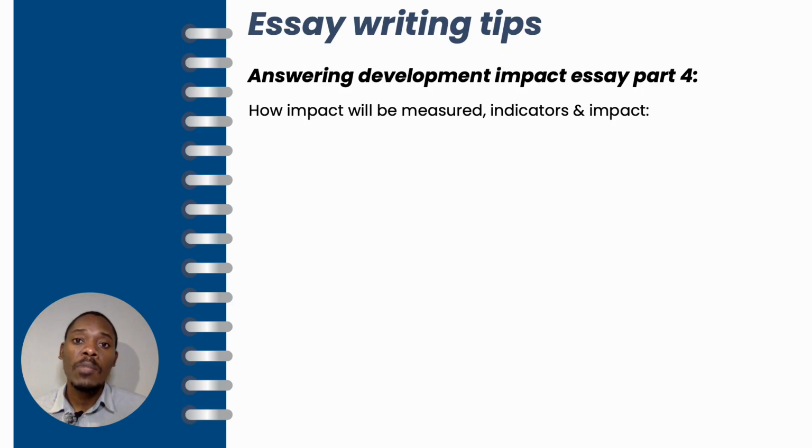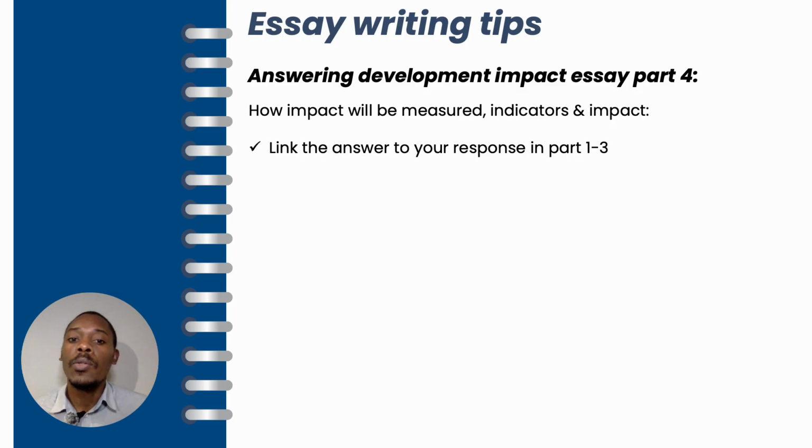Now when it comes to part 4, which is the last part of this essay, you should be able to answer the question on how your impact is going to be measured, the indicators, and how the impact is. To answer this question, you need again to link your answer to the response in parts 1 to 3.